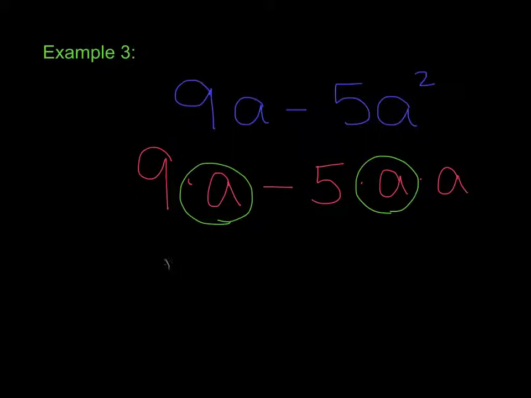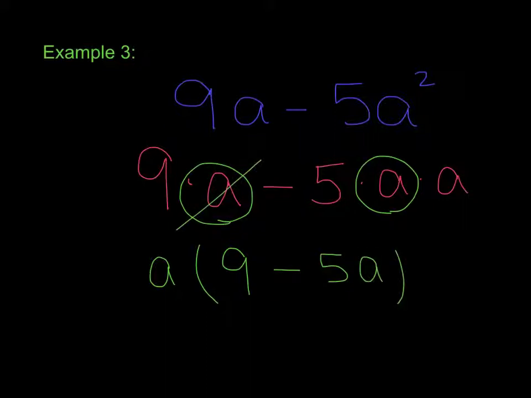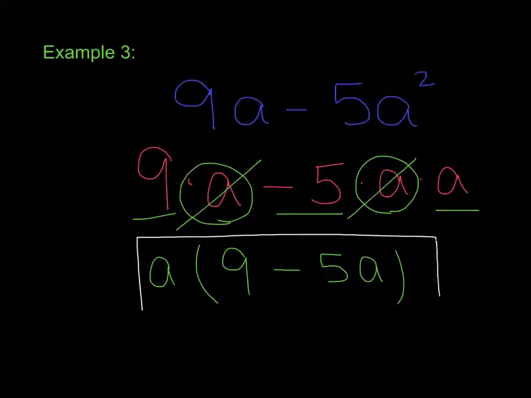So I'm just going to pull an a out, and I'm left with 9 minus 5a. So if I factor the expression, I'll get a parentheses 9 minus 5a.